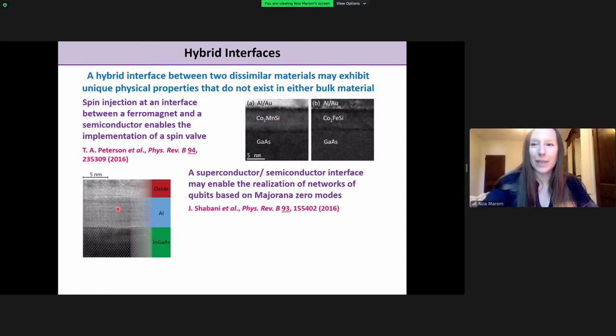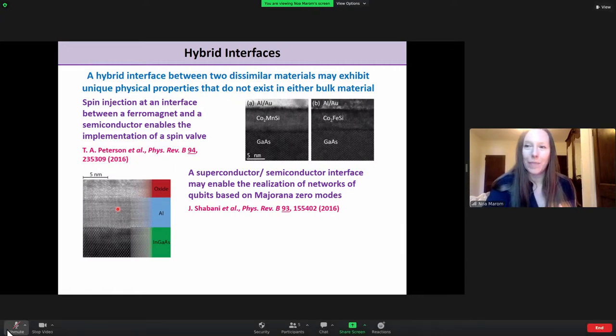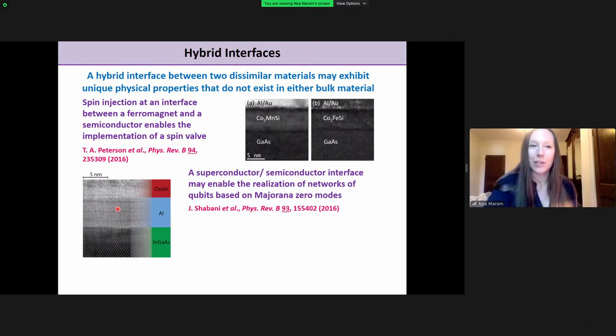And the nice thing about these interfaces is that when you put these materials together, you can get physical properties and functionalities that you can't get out of any of these materials separately. So having an interface between two materials allows you to achieve unique functionalities.